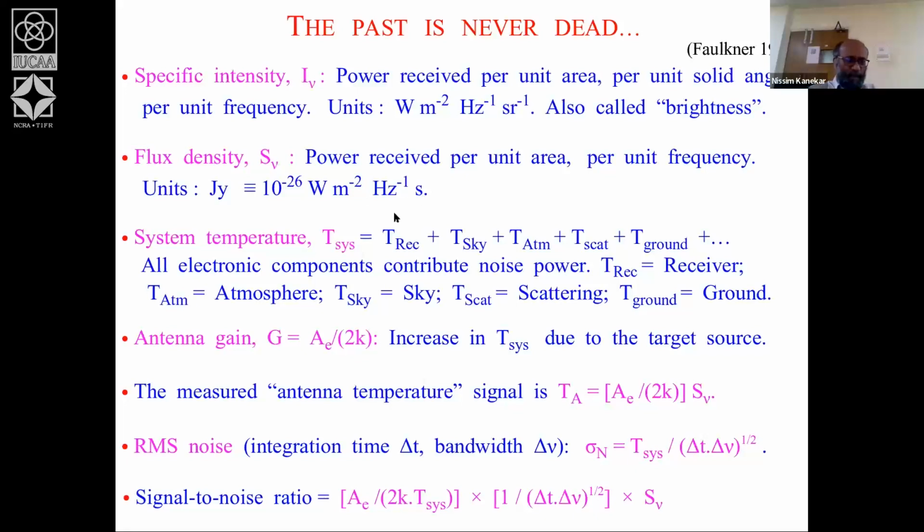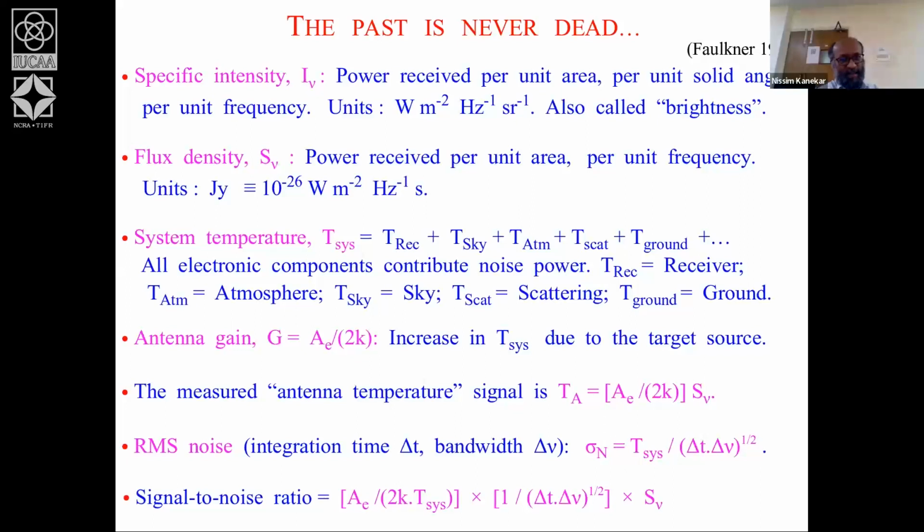But because radio sources from the sky are so faint, we have invented a new unit called the Jansky, which is 10 to the minus 26 watts per meter square per hertz. I also mentioned that even a Jansky is actually a very bright source.